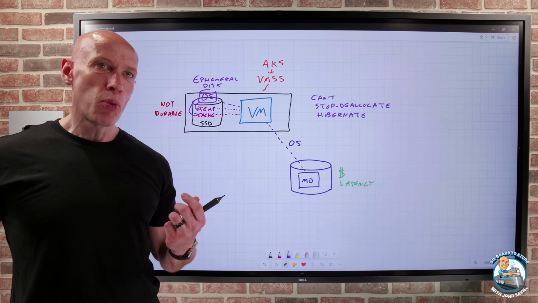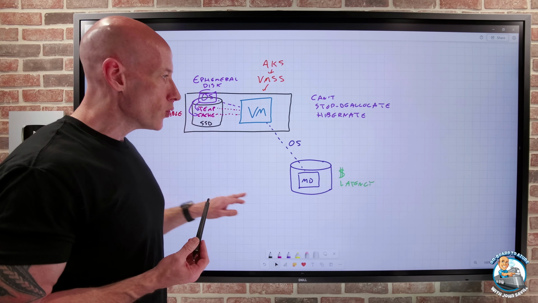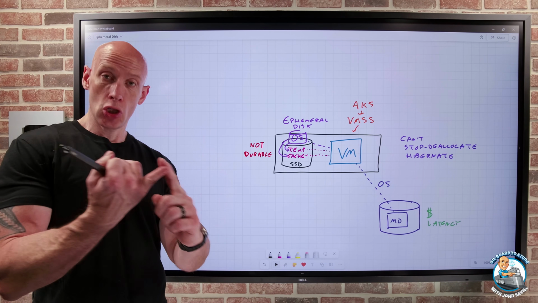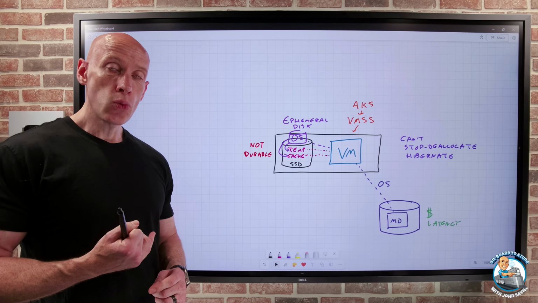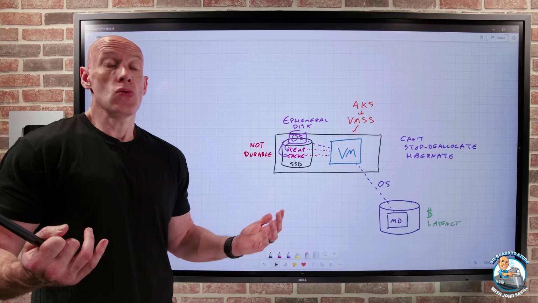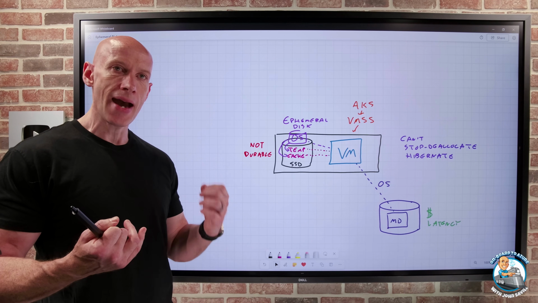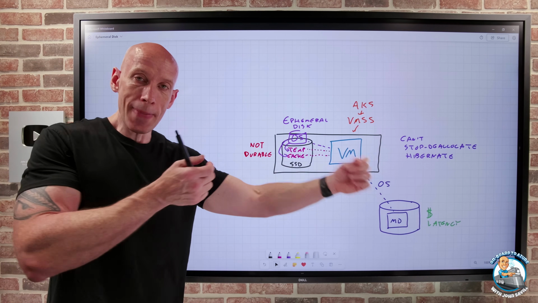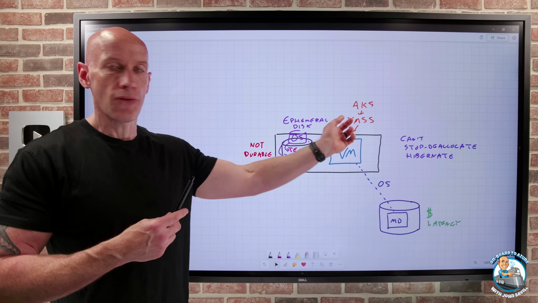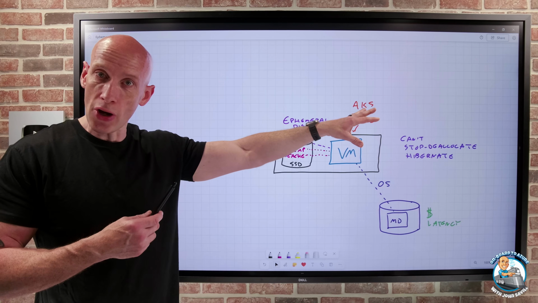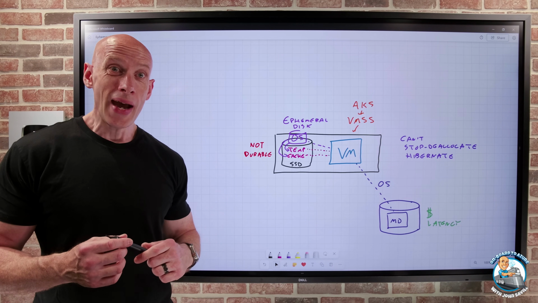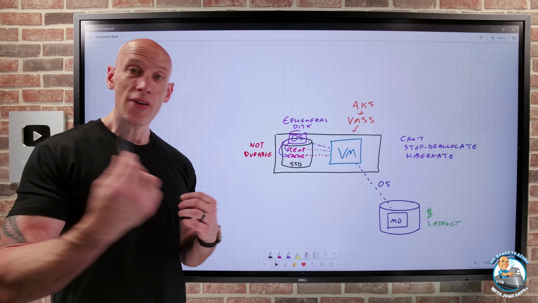It really boils down to this: I will use the Ephemeral OS disk if my VM SKU supports it and there is nothing unique that I care about on that OS disk, typically because it's part of some automatic scaling function, a virtual machine scale set, or anything built on top of one. Or it could be other workloads I'm manually creating where I can just reimage it very simply.